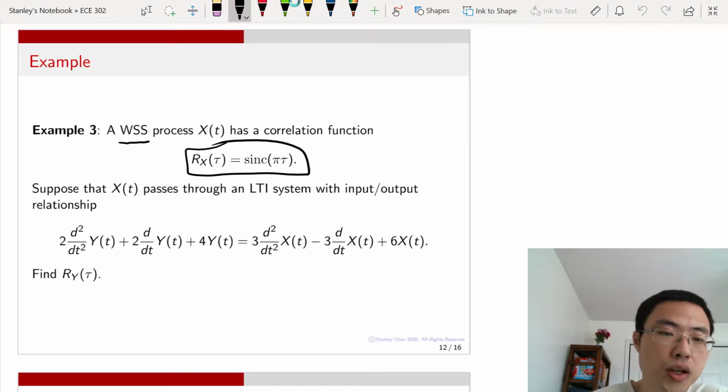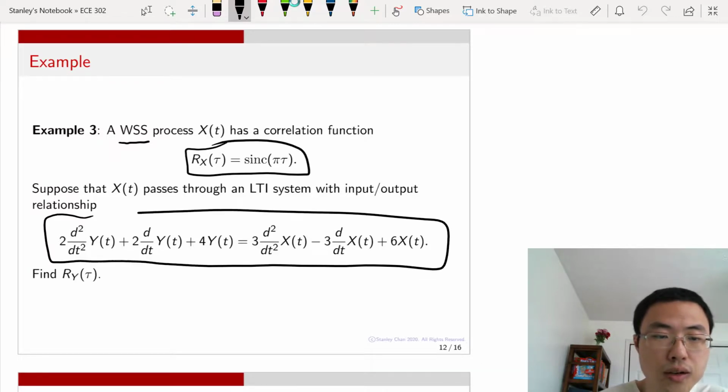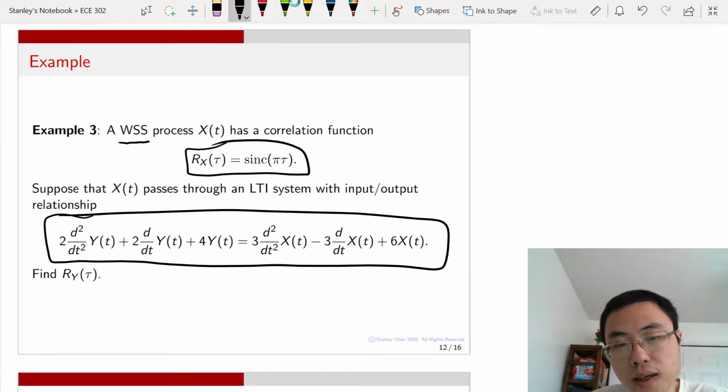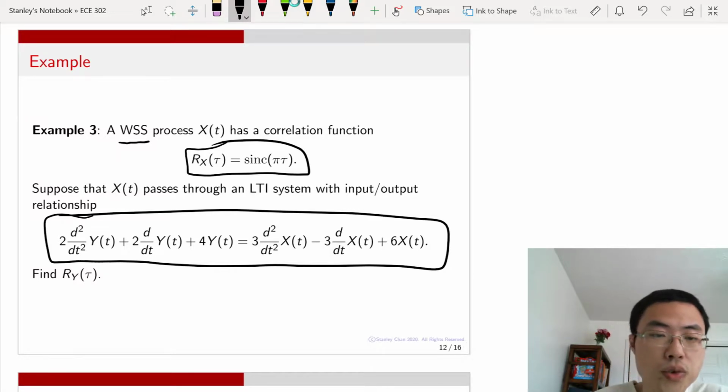I assume that this x of t goes through an LTI system with the input-output relationship given by this differential equation. In this differential equation, you have a second-order term on the y, and another second-order term on the x. And we ask, what is the autocorrelation function of y?